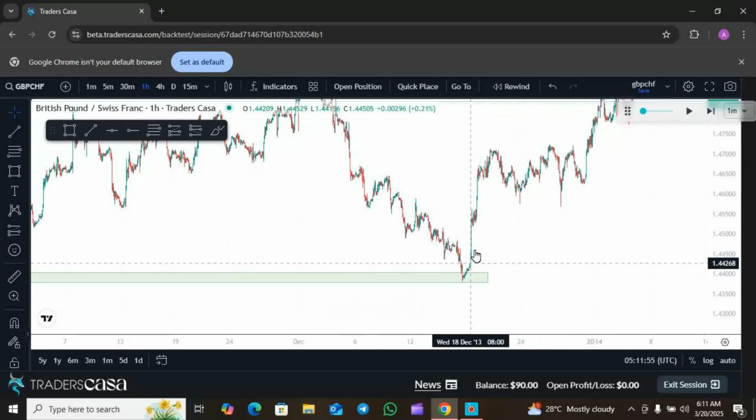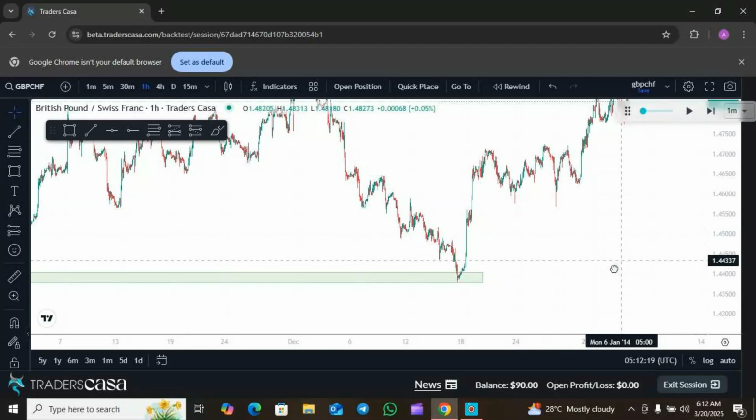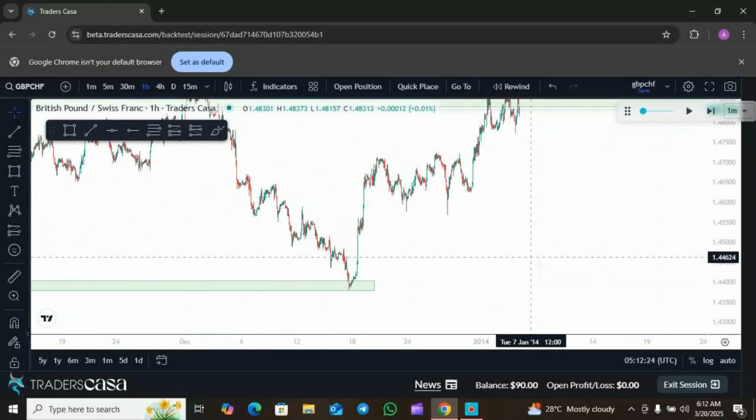So this clear entry here doesn't come often. It comes once. That is what I'm trying to explain to you guys. And the other one that I just explained is what always occurs often and often time, so you can go and backtest all this process and see how it works for you.